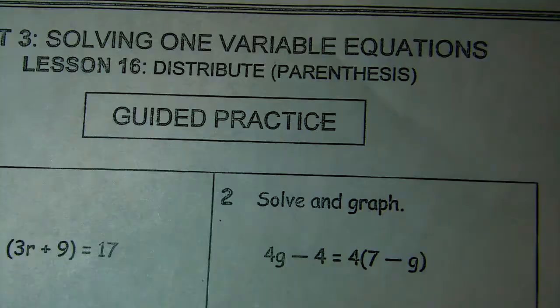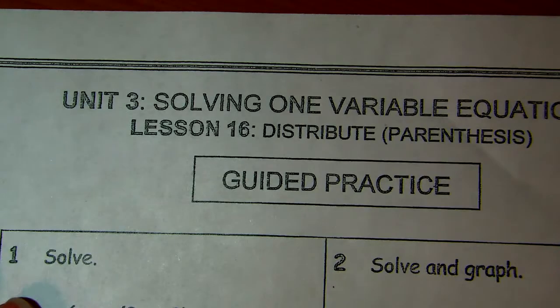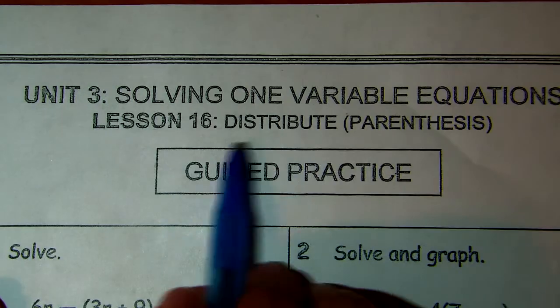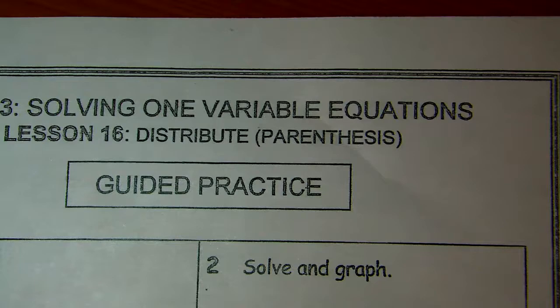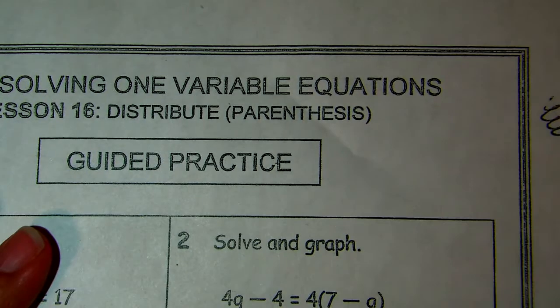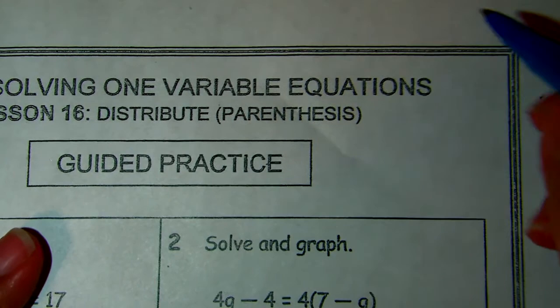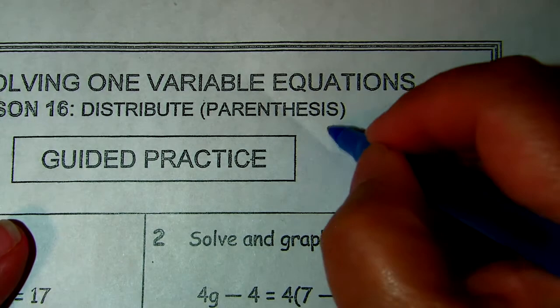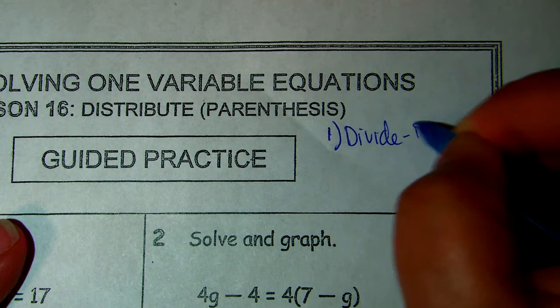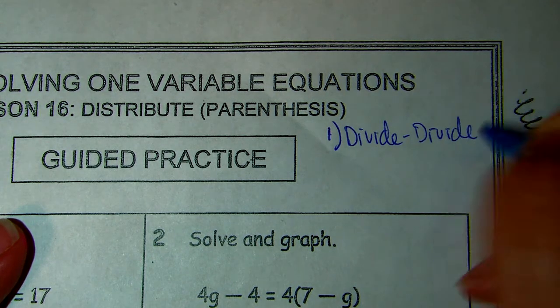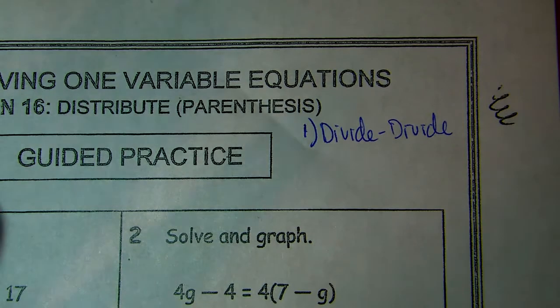Hello, today we're doing lesson 16, distribute, when we have a parentheses, okay? So I'm just going to do a recap of what we've learned so far, because we had a long holiday. First we were doing divide, okay? We're solving for one variable.